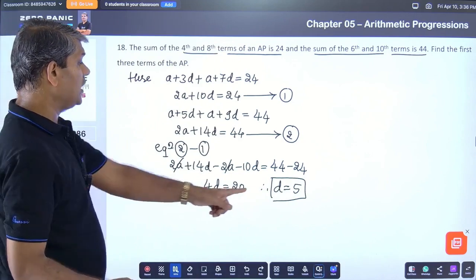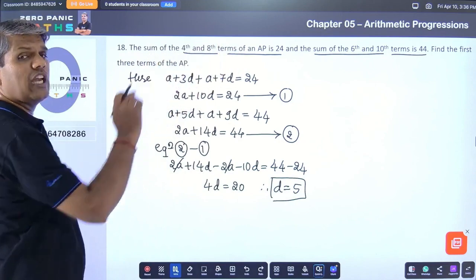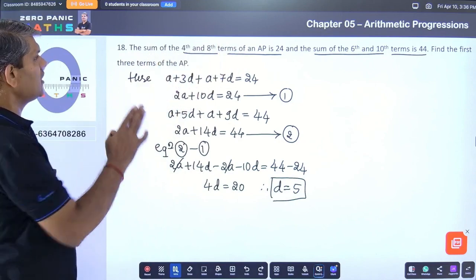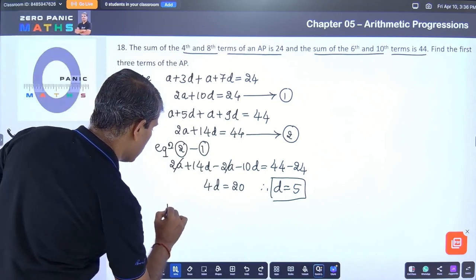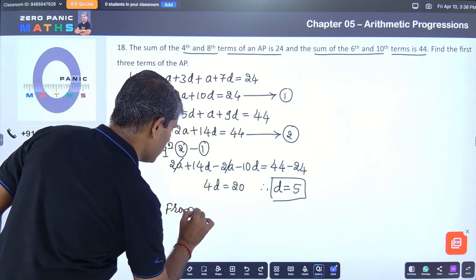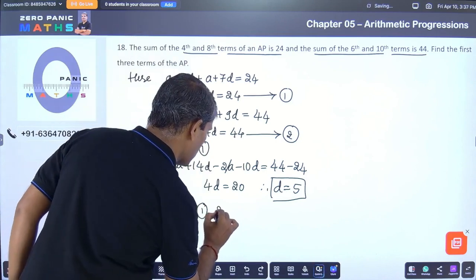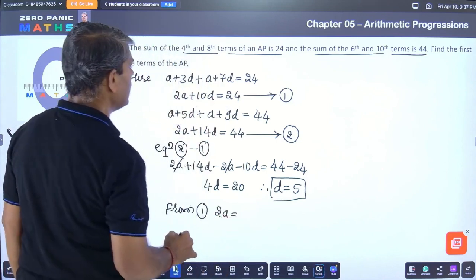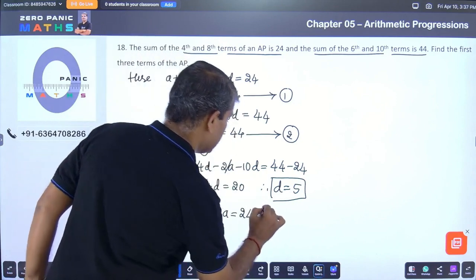Now substituting D equal to 5 in equation 1, we will get the value of A, so that we can write the first three terms of the given AP. From 1 I want A, right? From 1 I'll say 2A is equal to 24 minus 10D.